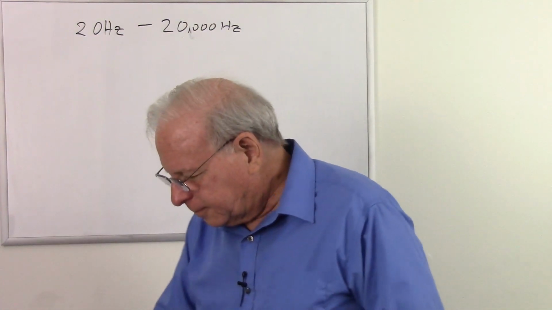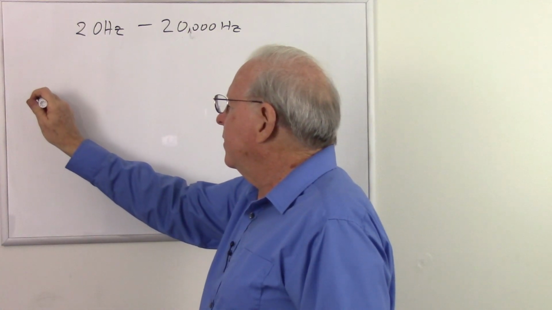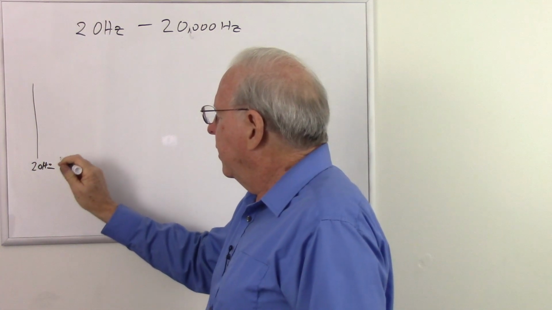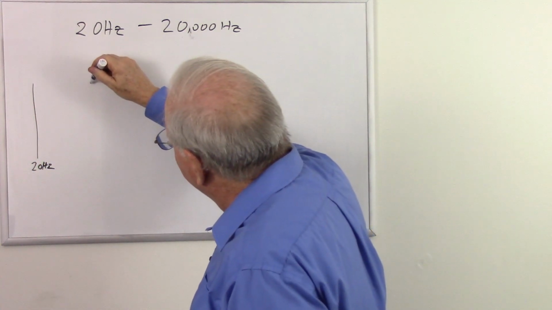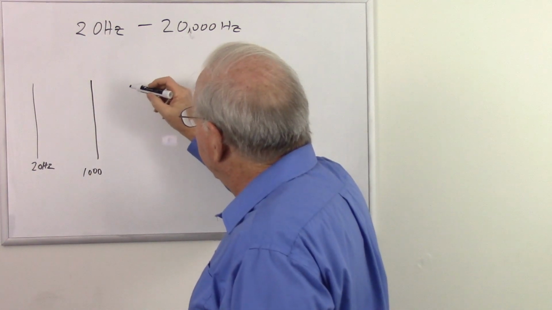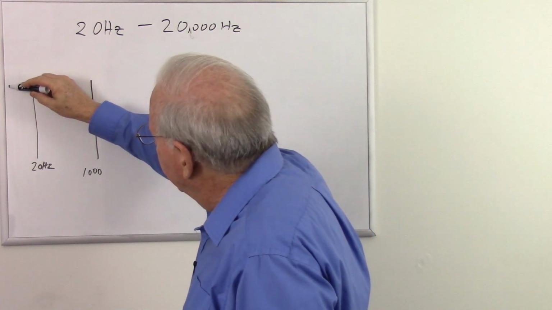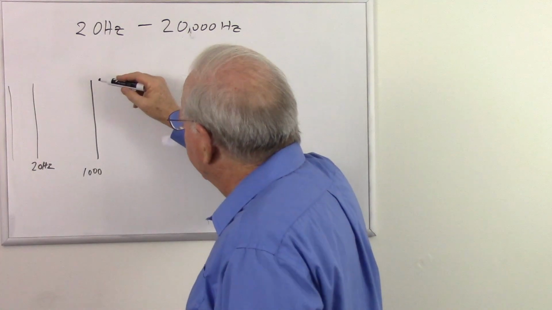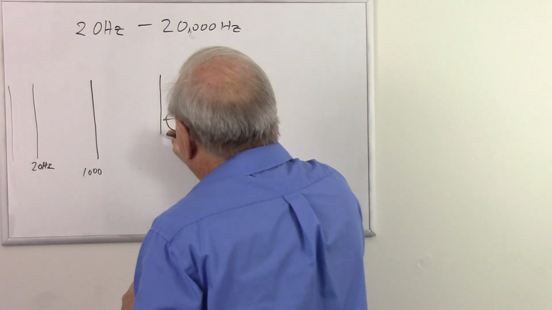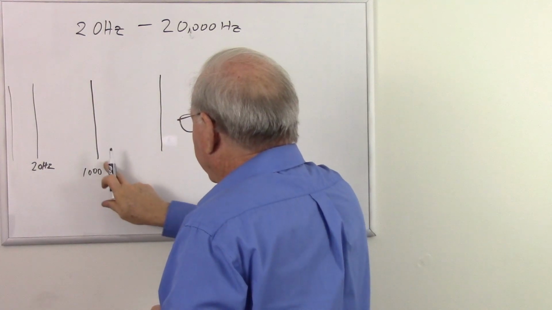Well, it looks kind of sloppy now, so let's just make a nice, easy version of the scale to where we're going to have, there's our 20 hertz. Let's put 100 right about here. That would put 10 right about there. Just need to get a scale here, right about to there for 100.